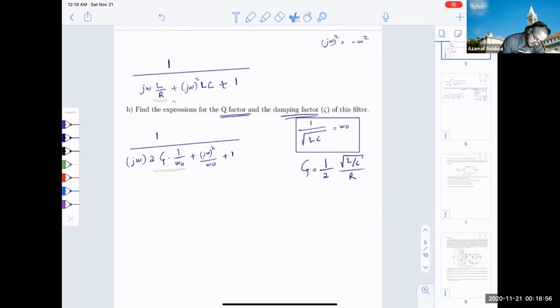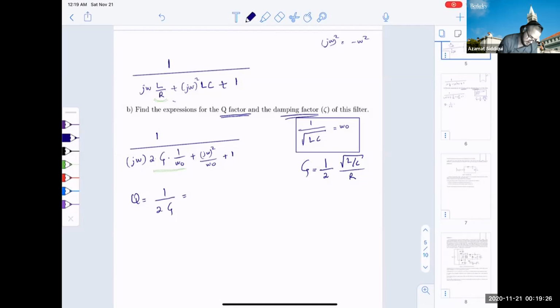Now I'm going to remove that, and now let's find the Q factor. Q factor is going to be 1 over 2 psi. Let me write it like that. I'm having a hard time with this symbol they have right there.